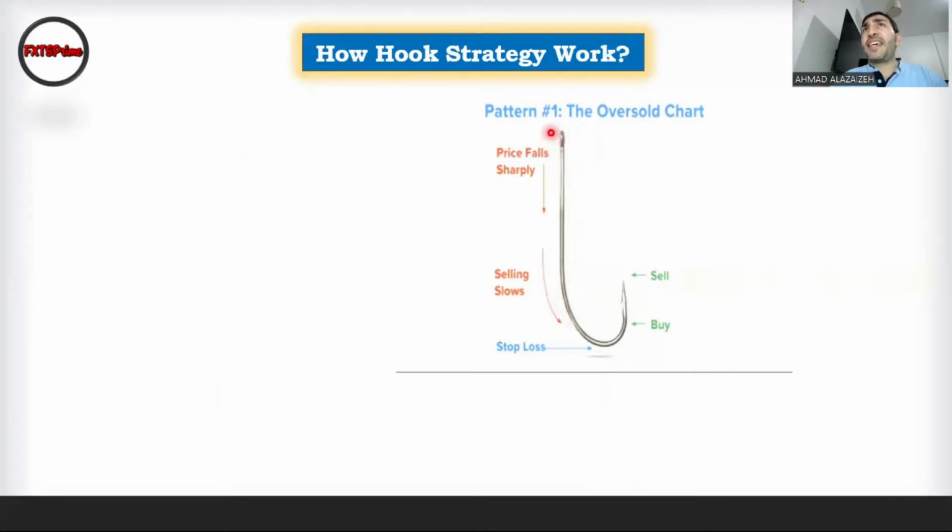Let's say that the price starts from here and starts to fall sharply down. So these are candles, candles, candles, and it starts to fall down. However, while it's falling down, the price will lose momentum, and the traders pushing the price down will lose momentum. Then that is the time where you will see the price start to turn and make a curve.